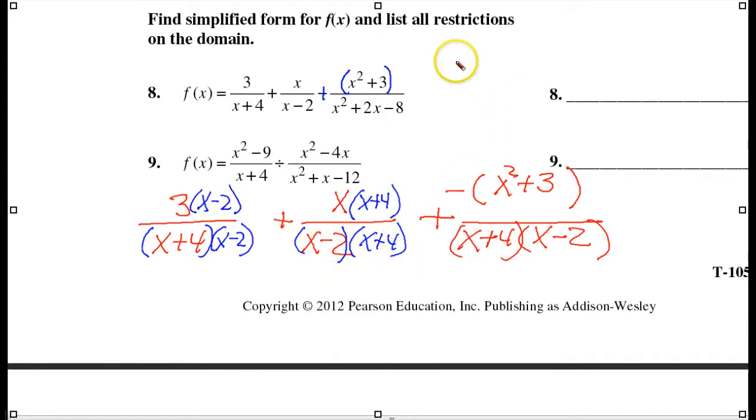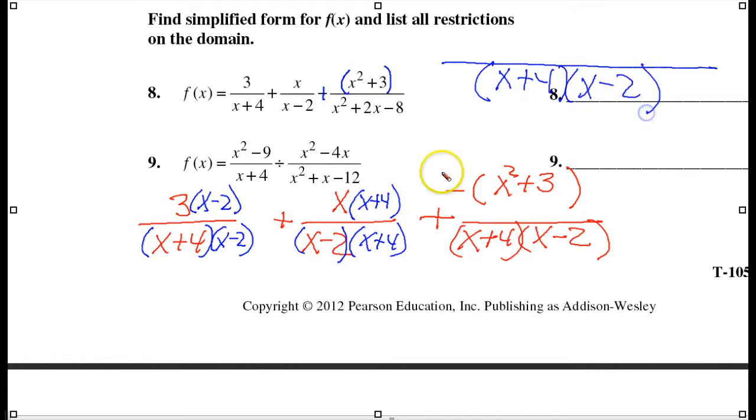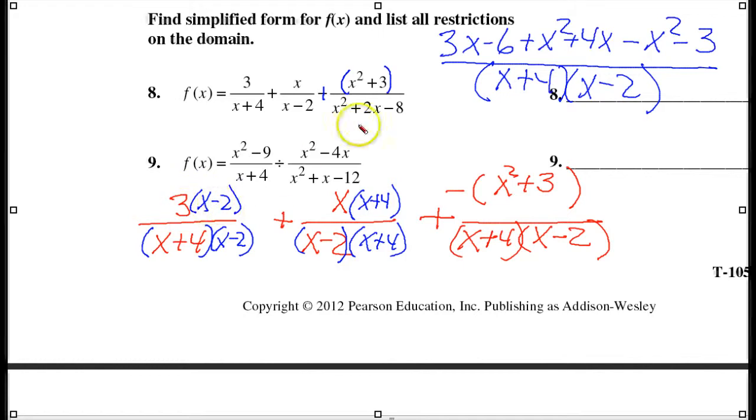Now, all of them have my least common denominator of x plus 4, x minus 2. I just have to do this. So 3x minus 6, x squared plus 4x. And then I had to reverse each of these signs. This is going to be a negative x and a negative 3, negative x squared.